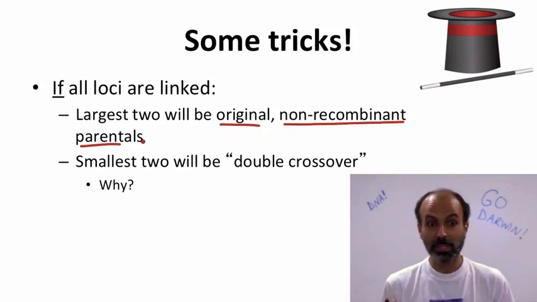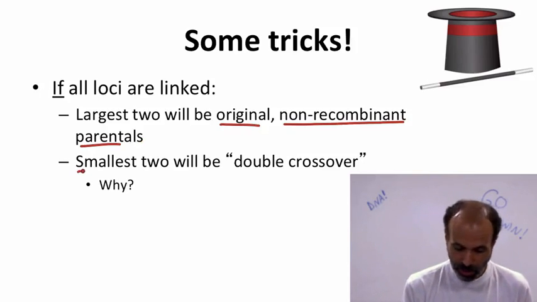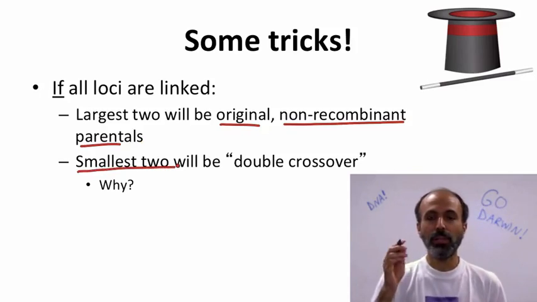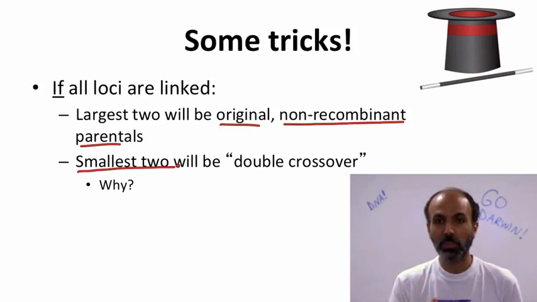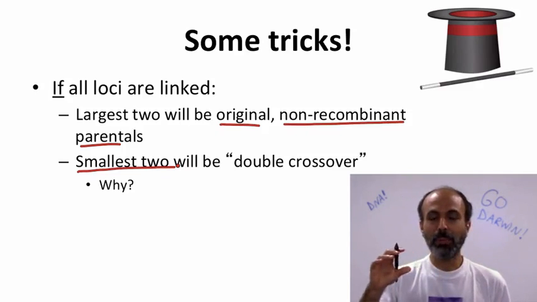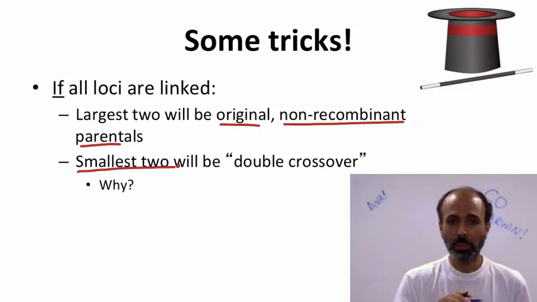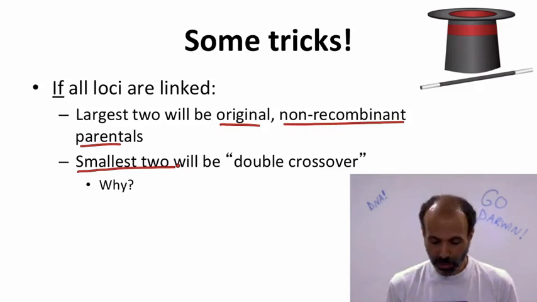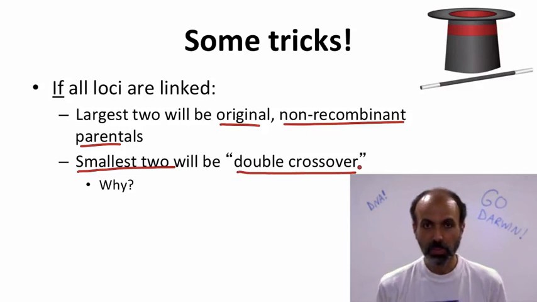So that'll help you determine the phase. The smallest two, the numbers that are the least frequent, such as what we saw in the previous slide of capital A, little b, capital C, or lowercase a, big B, little c, those would be the double crossover.